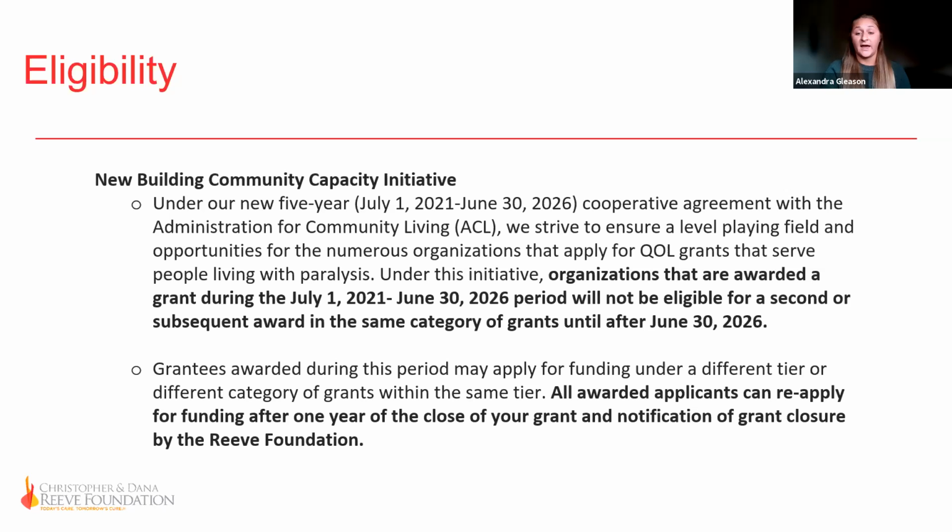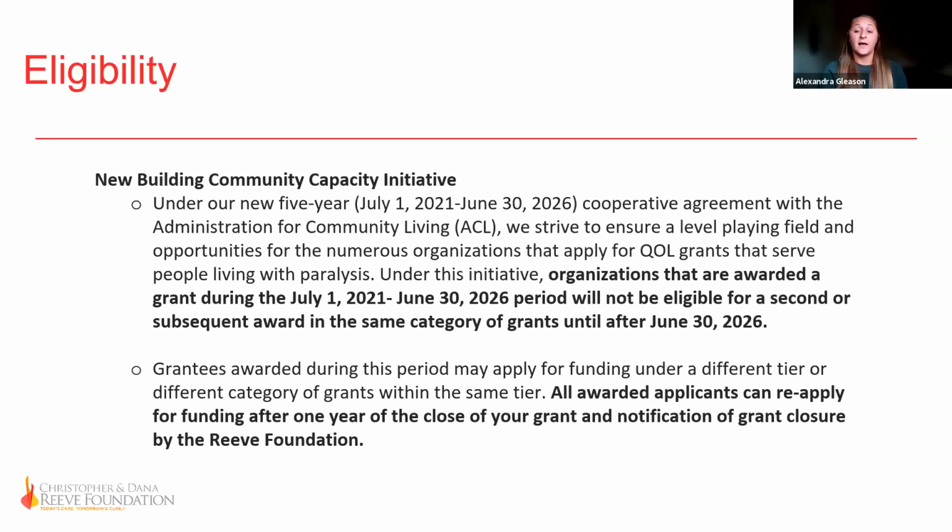So for example, we have 5 tiers of funding available twice a year. If your organization were to receive a tier 2 assistive technology grant this fall, you would have to wait 1 year until after the close of your grant is complete before you can apply for any other quality of life grant.